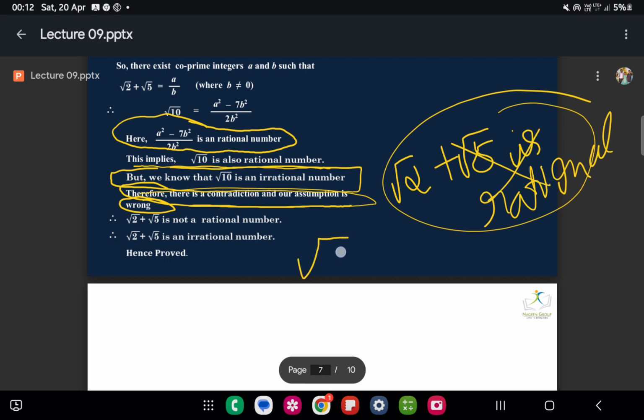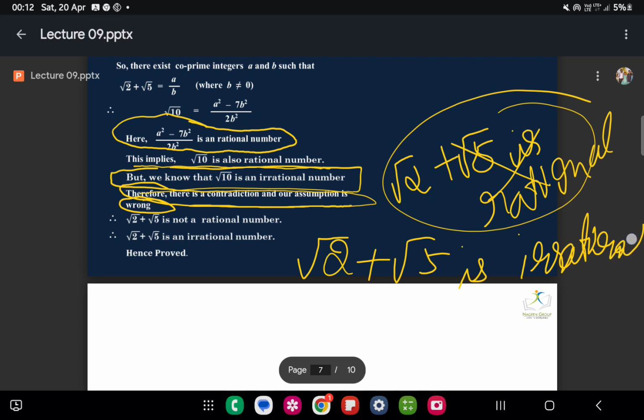So root 2 plus root 5 is irrational. So we can finally tell that root 2 plus root 5 is not a rational number. Hence we have proved that root 2 plus root 5 is an irrational number.